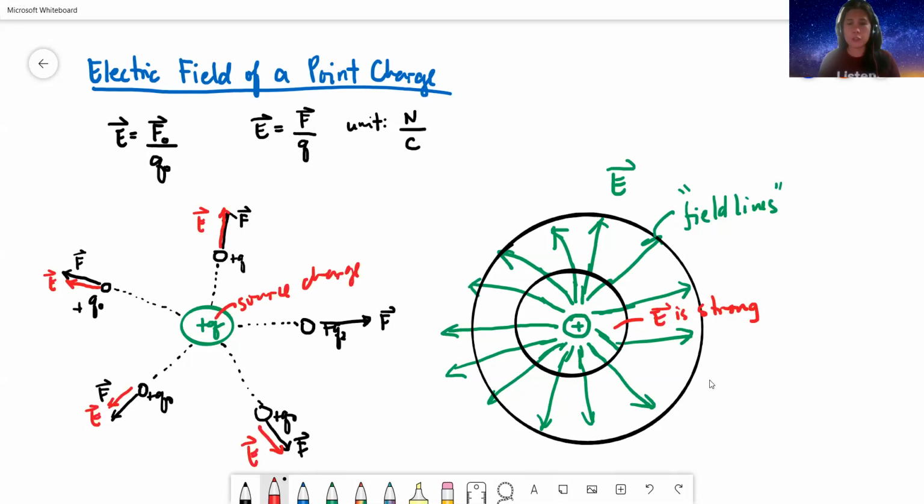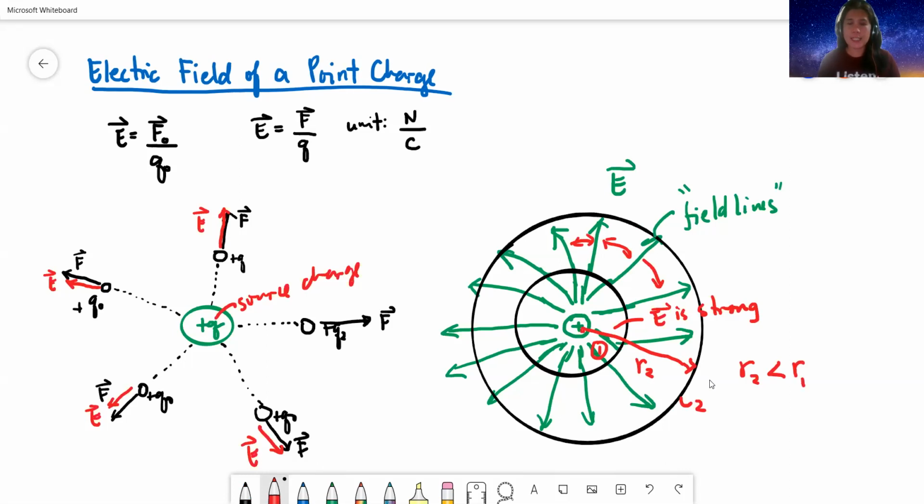But when we go to circle 2, the field lines are now farther from one another compared to here. So in the bigger sphere, if we call this circle 2 and this circle 1, this is R2. The radius of sphere 2 is greater than the radius R1.